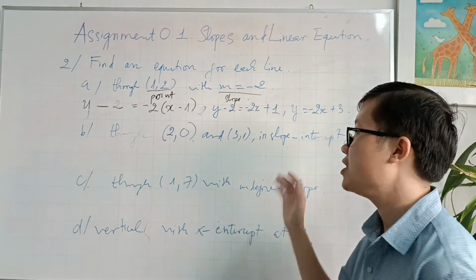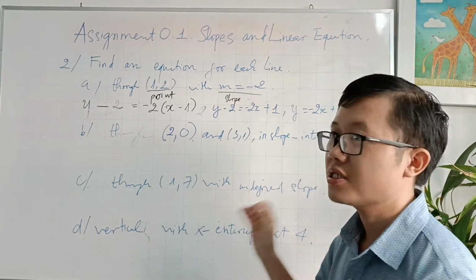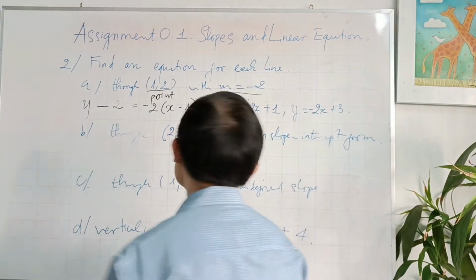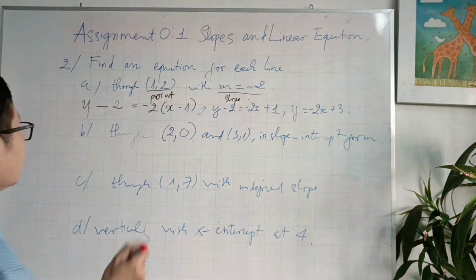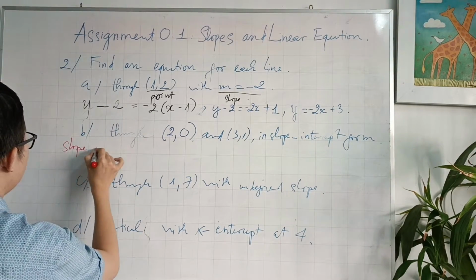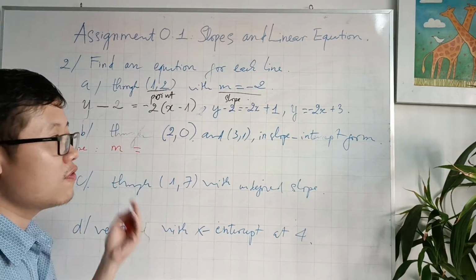So the first step in this exercise is to calculate the slope with the formula delta y over delta x. So slope m equals delta y over delta x.